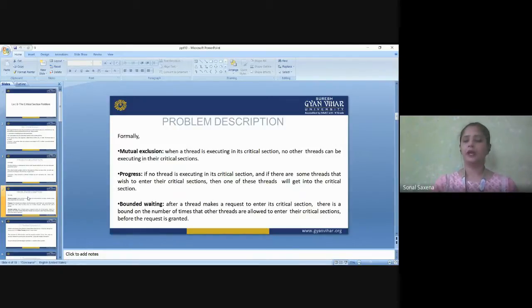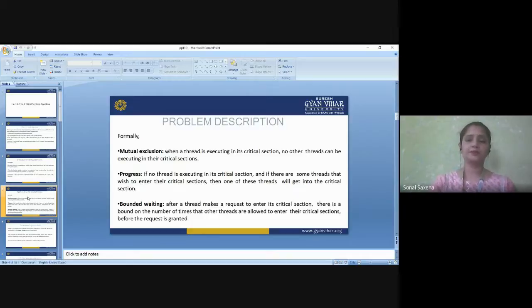As I have told you, there could be a solution where you use mutual exclusion, which means a process is already running, and other processes that wish to come inside the critical section cannot do so, because one is already running. Until that process finishes its work, no other process can enter that critical section.